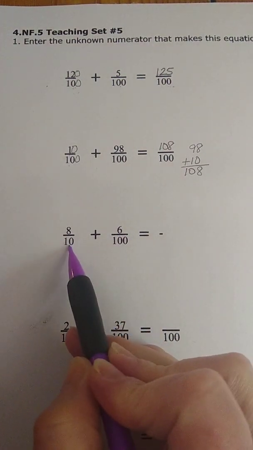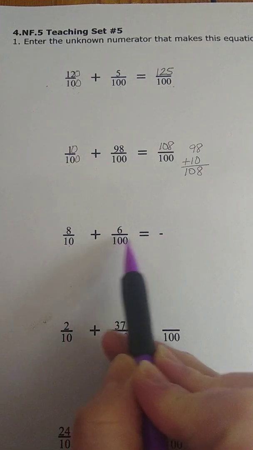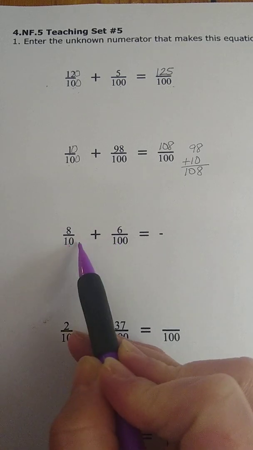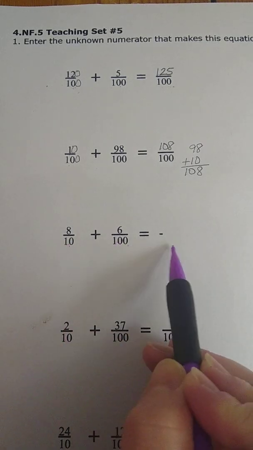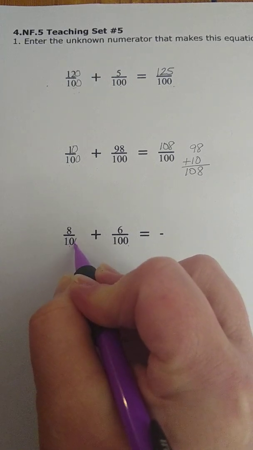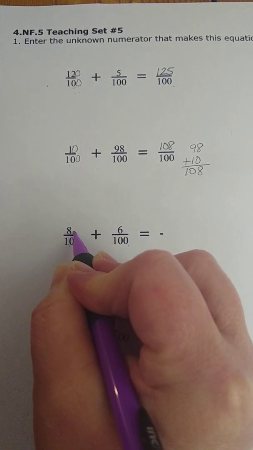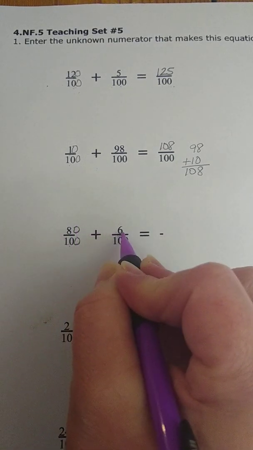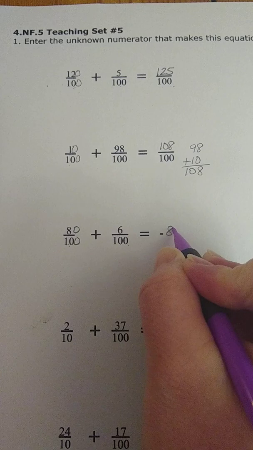Then this one, they're just leaving this blank. So we will go ahead and just continue what we're doing. So multiplying this by 10 to make this hundredths. Multiplying the 8 by 10. 8 times 10 is 80. And then adding 80 plus 6 is 86.